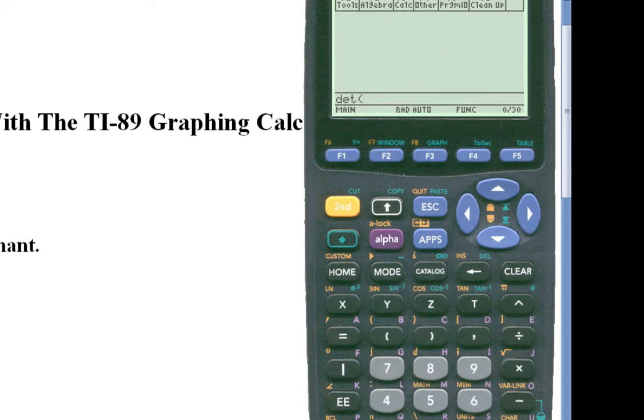And then you enter the components of this determinant. So it's similar to the notation for matrices in this format. So we have to use the bracket.